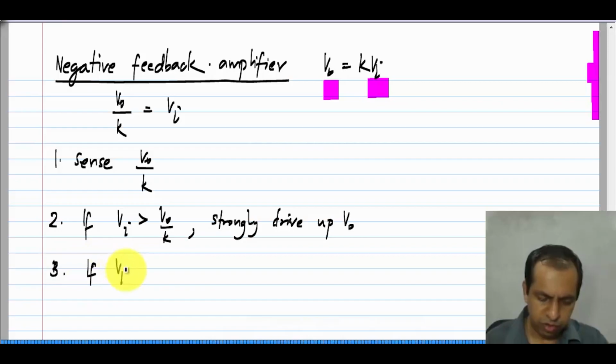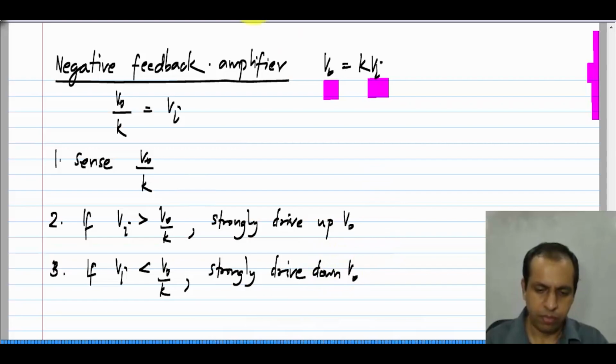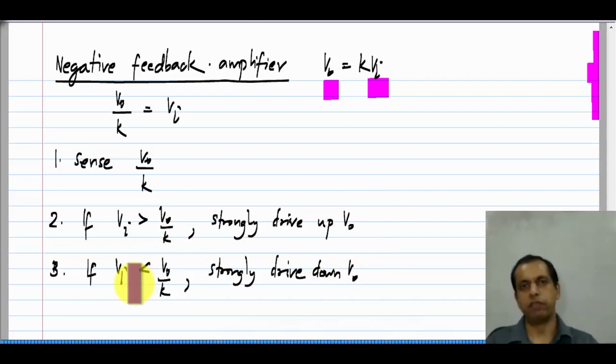if V I is smaller than V naught by k, I strongly drive down V naught. So, if V I is smaller than V naught by k, it means that V naught is too high. So, I have to drive it down.